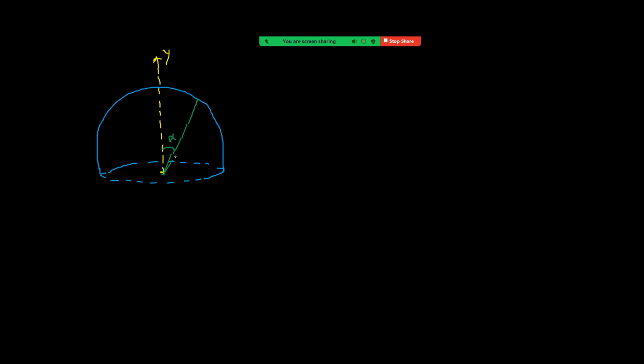Take a small change from there. That is now d alpha. If you rotate this vector, this forms one ring, right? I will show you here. This is now that ring.